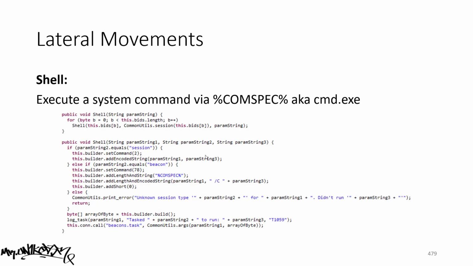And I remember we had a conversation with Waldo regarding ComSpec, and he mentioned that this is not even a really good detection rule if you have that in place, because it's crazy the amount of tools that under the hood use ComSpec instead of cmd. But yeah, it is what it is. There's a lot of products that will detect on ComSpec instead of cmd. But if you use shell, you're literally just going to build a command, so ComSpec and /c and whatever you want to execute afterward. It's nothing really fancy here.